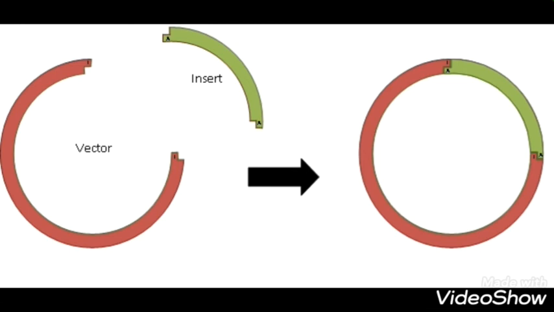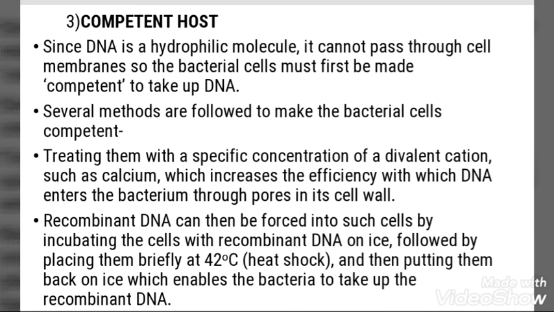In the diagram, the vector is cut with the RE enzyme, and the gene of interest is also cut with the RE enzyme, leaving sticky ends on both. This green one is the gene of interest, and the vector is a plasmid. Both are cut with the same RE enzyme with sticky ends, and in the diagram recombinant DNA, rDNA, is formed.